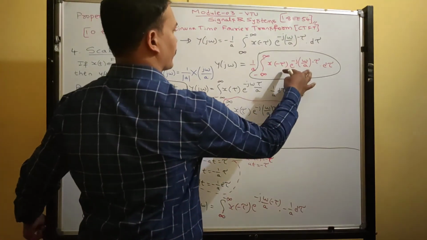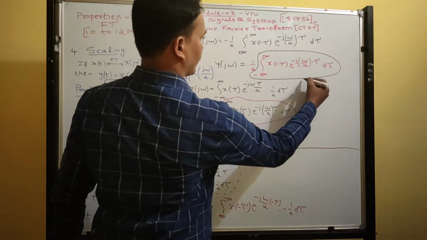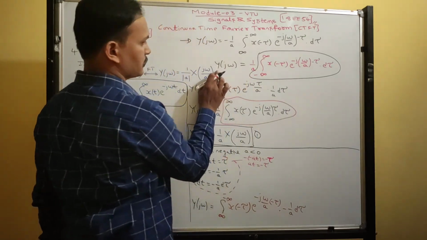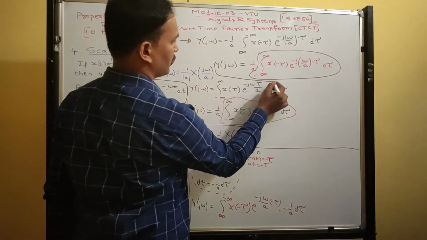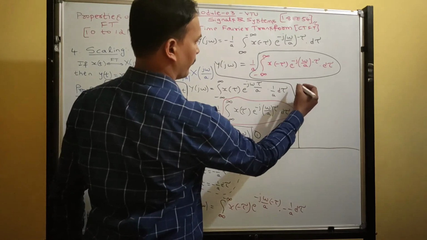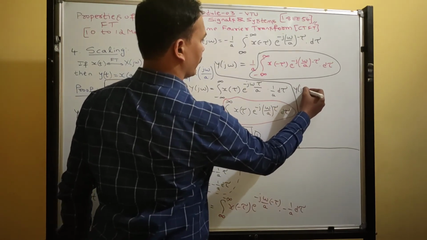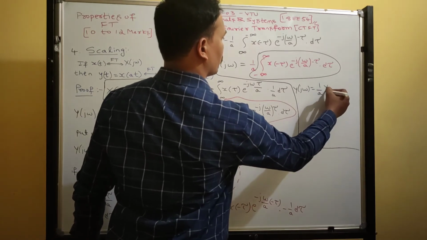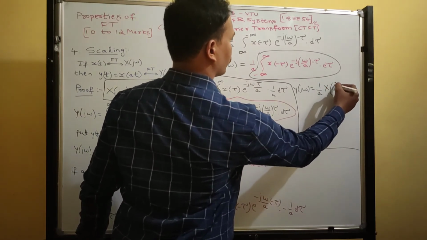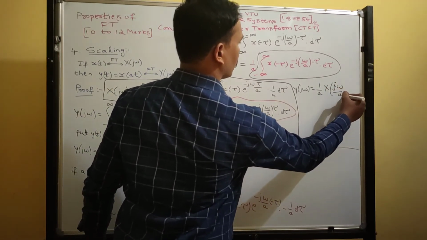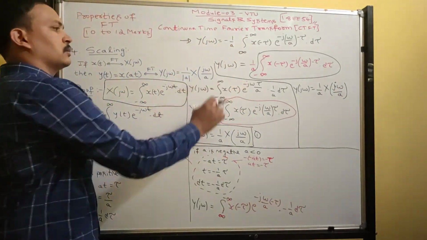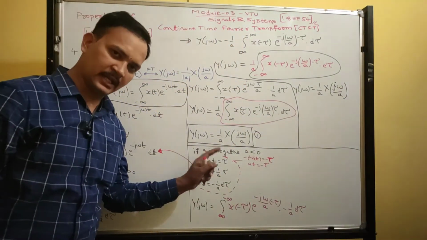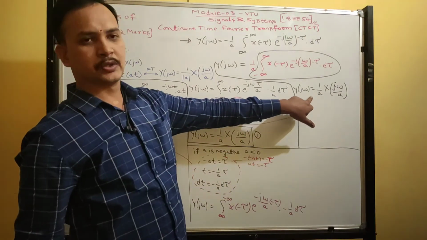So therefore we can represent this in terms of the next step. So y of j omega can be written as 1 by a into x of j omega by a. Even when a is negative, we will get this only.